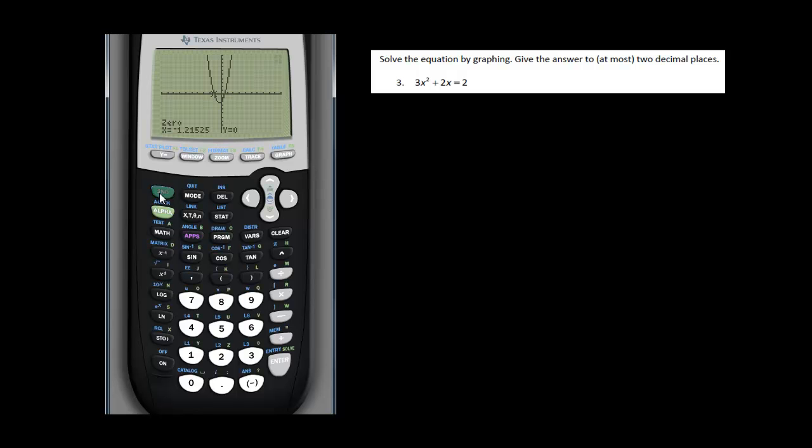Then this one, we hit second trace 2 one more time. So any spot just before it, and then any spot just after it, and then enter again. So you'll get roughly 0.55. So let's write those as the answers. So negative 1.22 and 0.55.